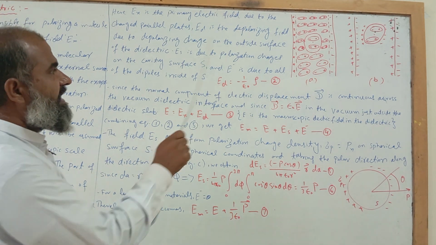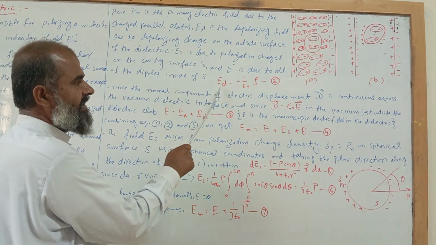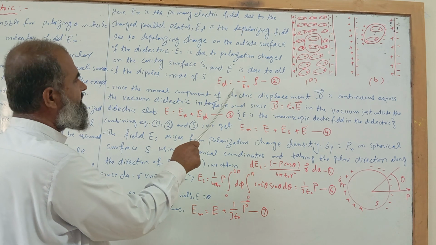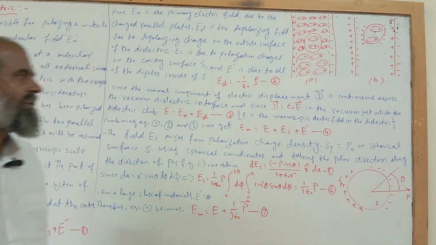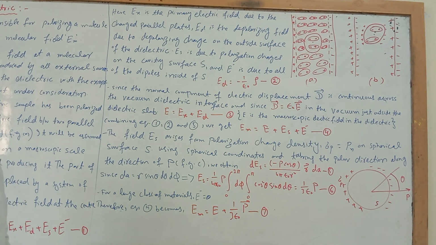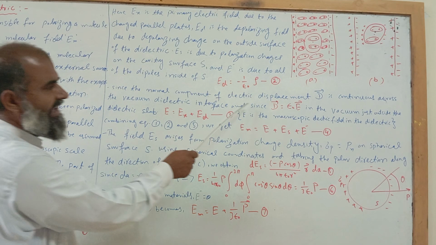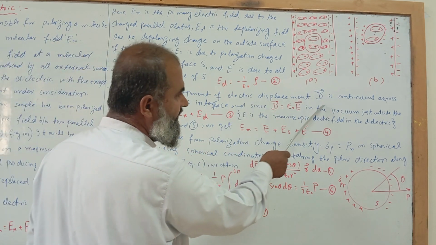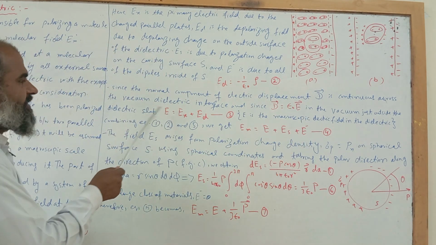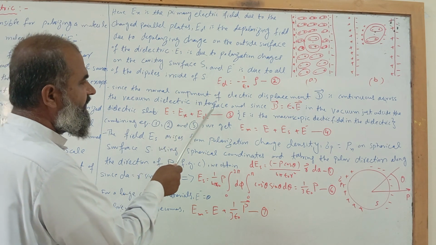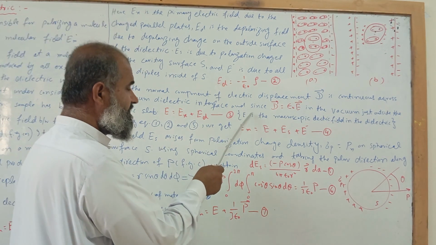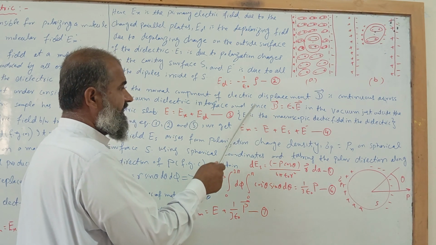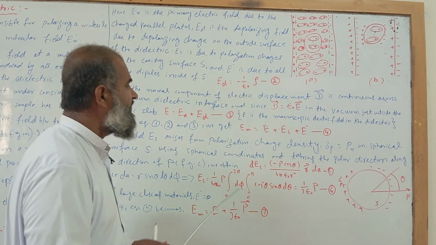Therefore, the depolarizing electric field Ed can be written as minus 1 over epsilon naught times rho, using Gauss's law. And since the normal component of the electric displacement D is continuous across a vacuum dielectric interface, what is the vacuum dielectric interface?